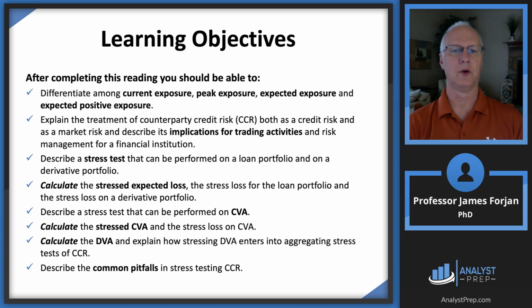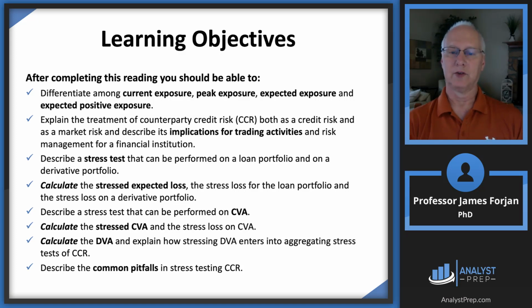The good news for you is that there are some things in here that we've just talked about in previous chapters. So we'll look at different types of exposures. We'll differentiate among those, which you probably already know. We'll take a look at counterparty credit risk, which we have also been talking about. But what's emphasized in this chapter is the difference between credit risk and market risk, and the implications of viewing those either in isolation or ignoring one or the other.